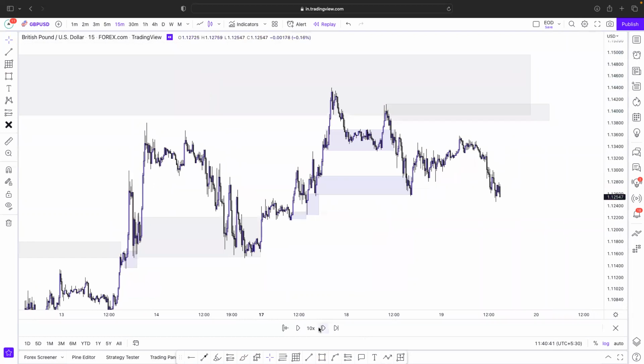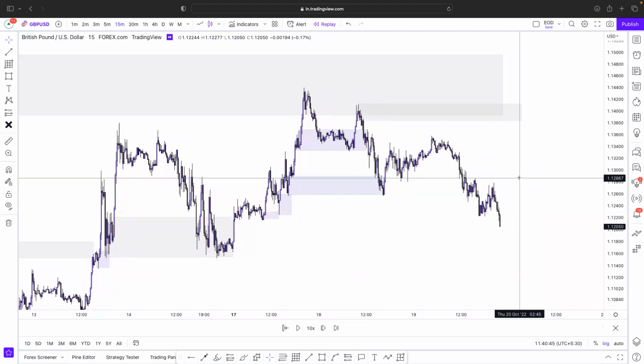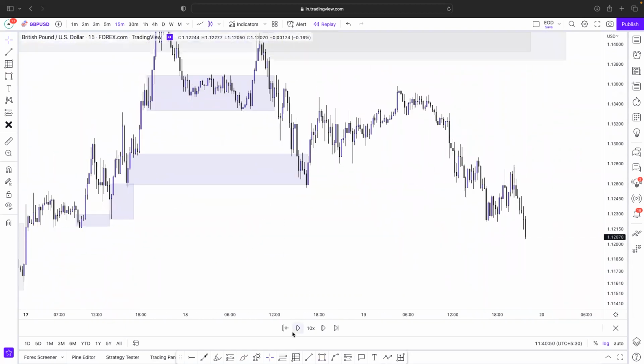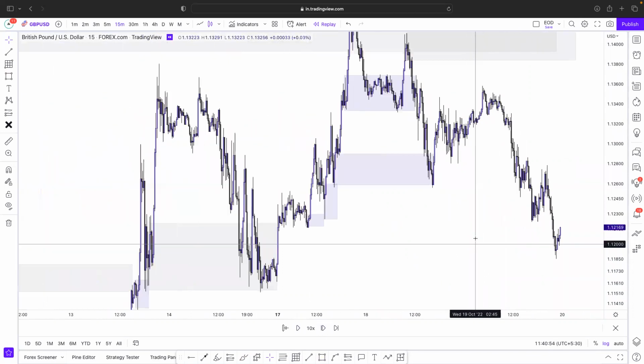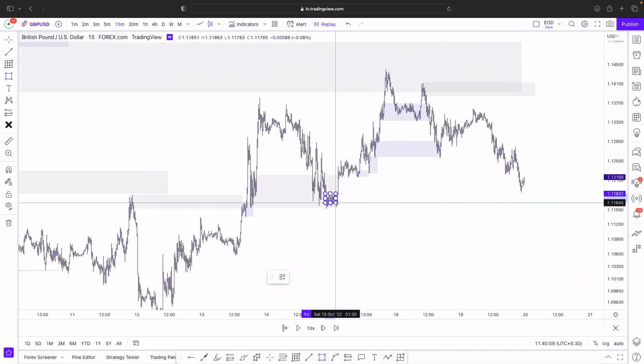Let's see what happens next. Okay, 15 minute, this will be the POI. Let's see what happens next, because we broke this, and now we have this stuff.